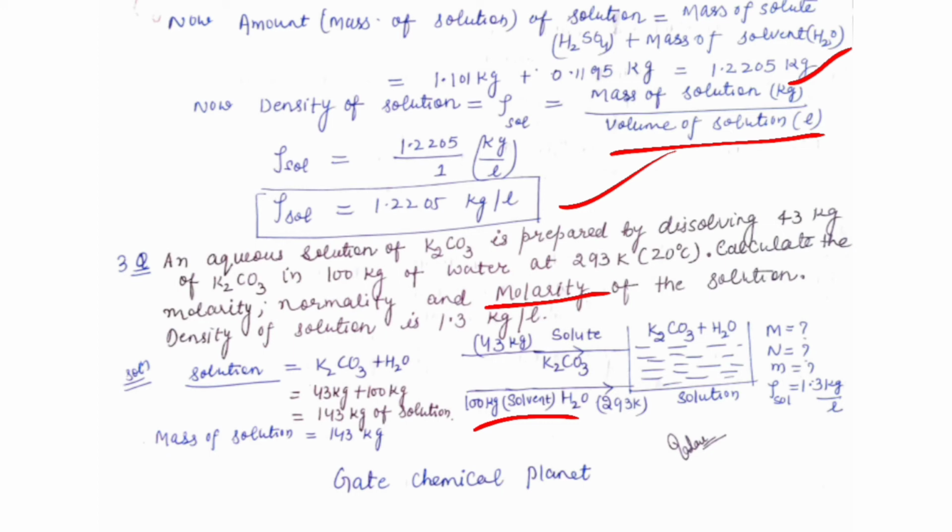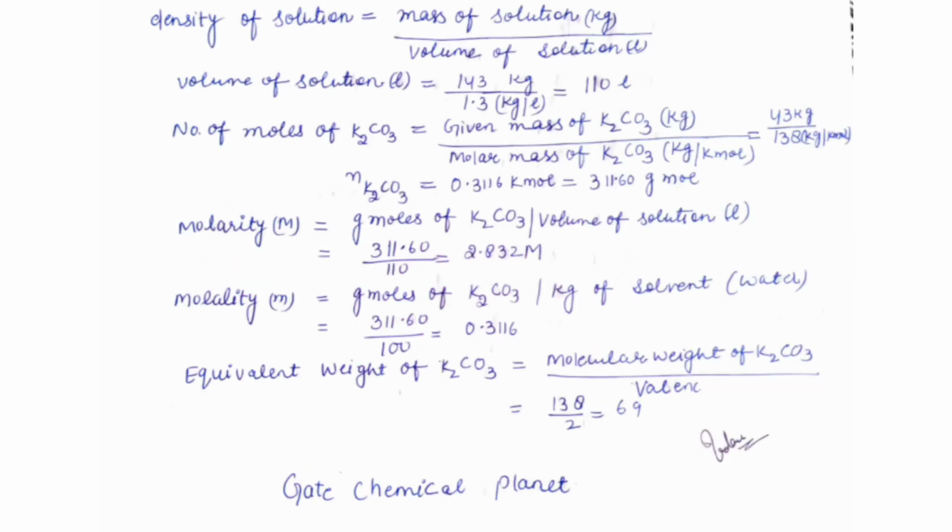So first we will write down the mass of solution. The mass of solution equals the mass of solute plus the mass of solvent, which equals 43 kilograms plus 100 kilograms, so the mass of solution equals 143 kilograms. Now we will write the formula of density of solution.